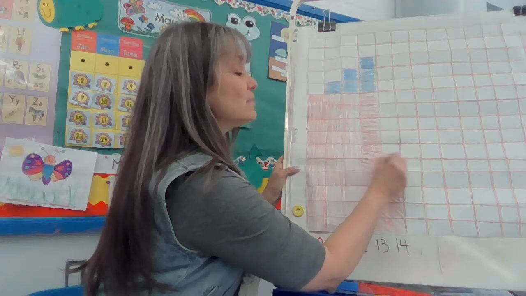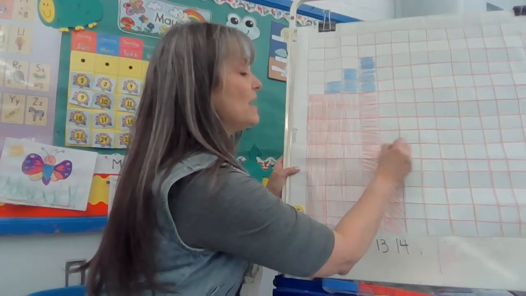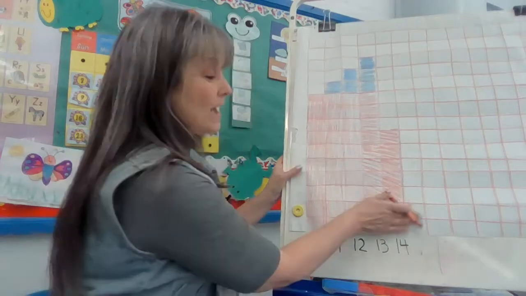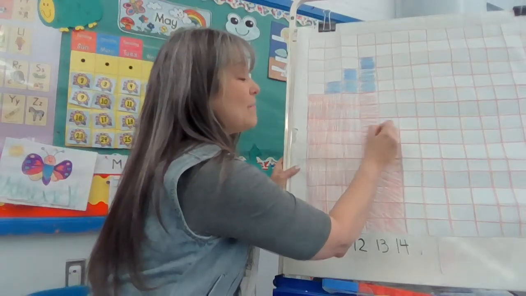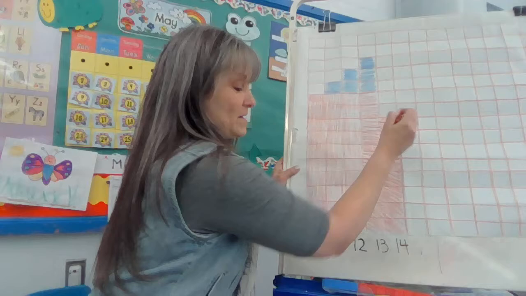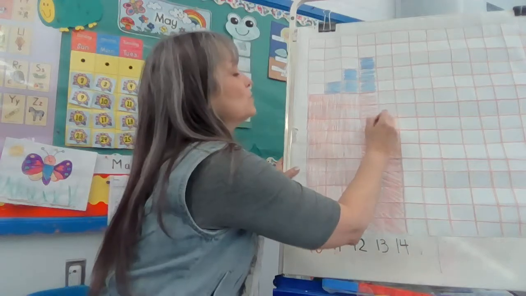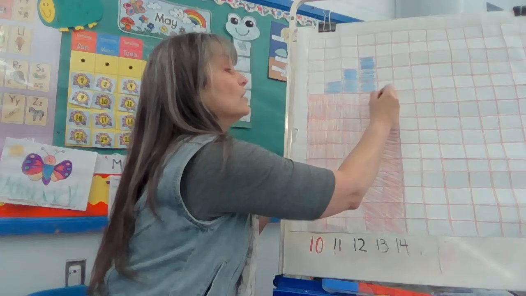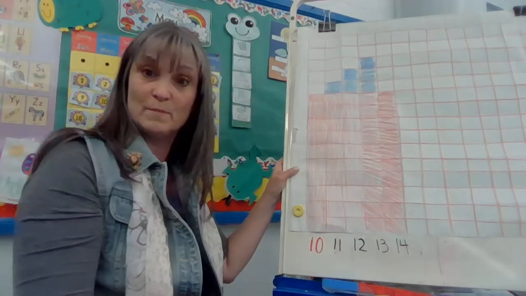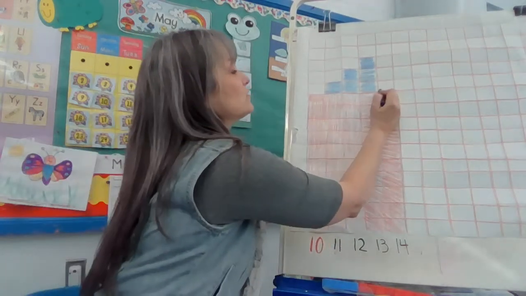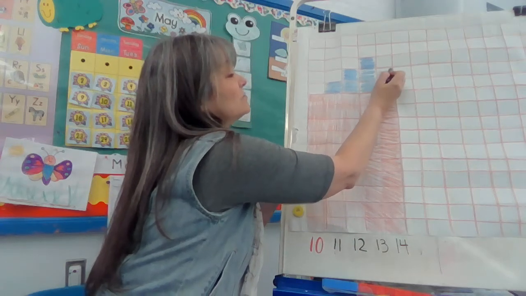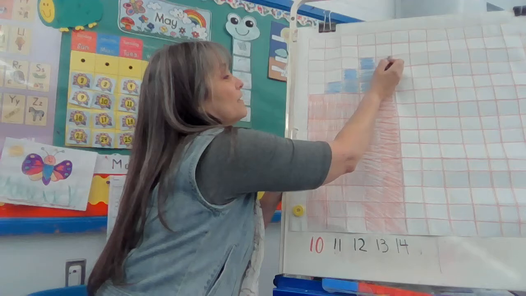And if you get someone else to color it for you, then your brain doesn't have as much time to learn it. While I'm coloring these 10, my brain is remembering that 14 is going to be 10 and 4. And I want to give my brain a lot of time to remember that. So remember, boys and girls, when something's hard, like you have a lot of coloring to do, there's a good reason for it.